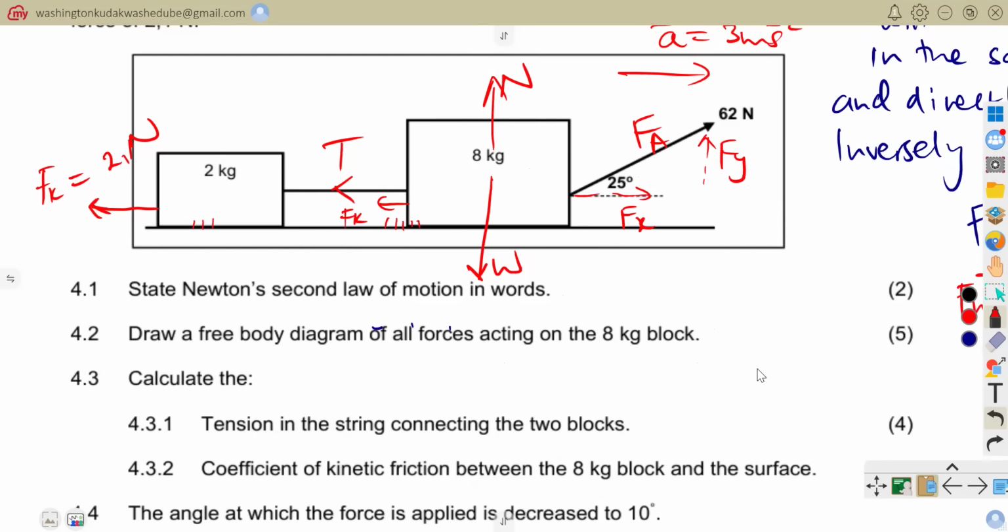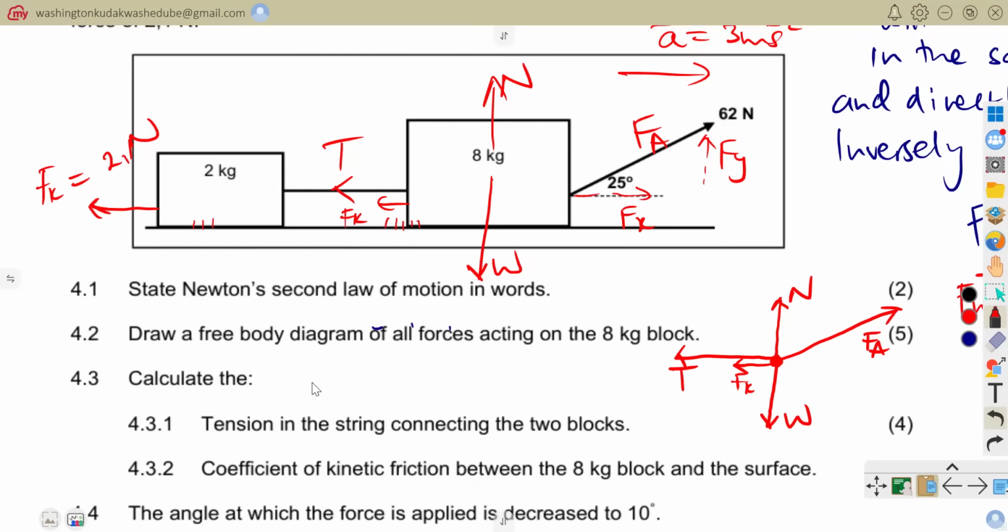If I want to represent that as a free body diagram, I'll simply draw a dot to represent my object. I'll draw my normal force, and my weight, which is always directed downwards. Then I'll draw my tension, my frictional force, and my applied force.